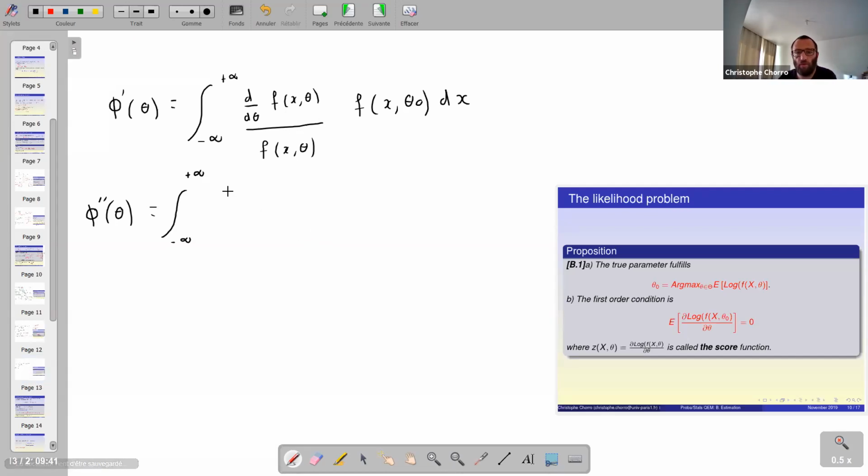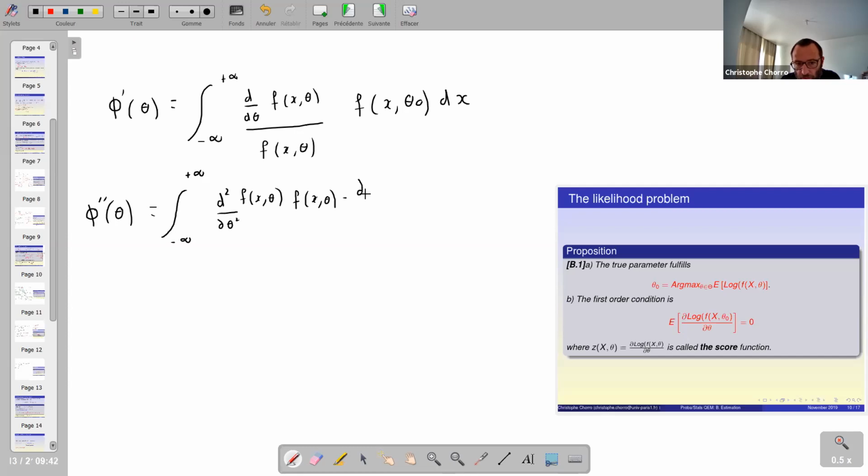So u prime, that is the derivative of the derivative, that is the second derivative with respect to theta of f x theta. So u prime v minus u v prime, and v prime is equal to this one.